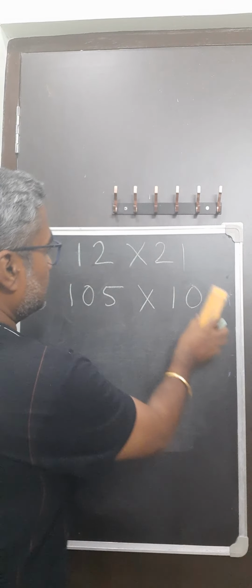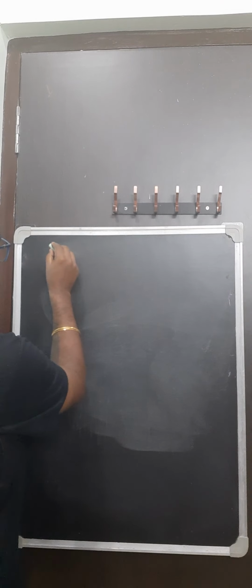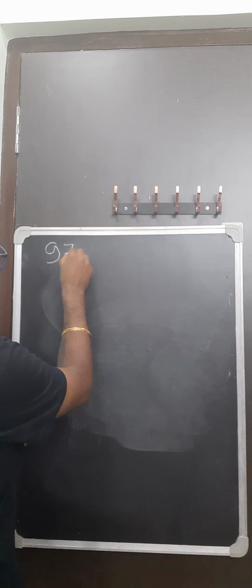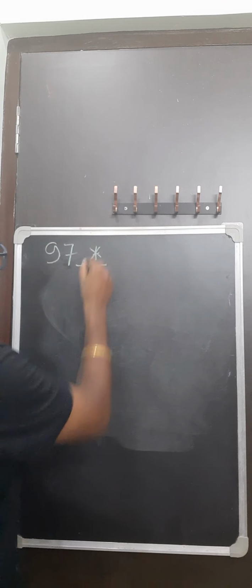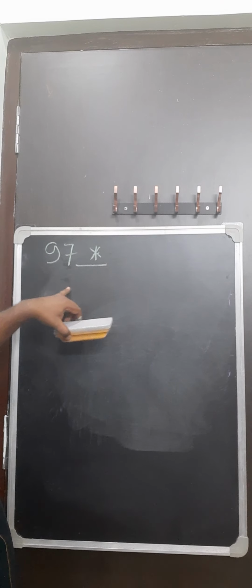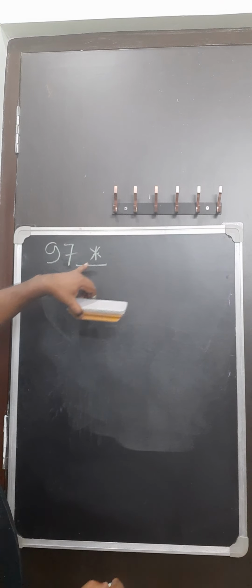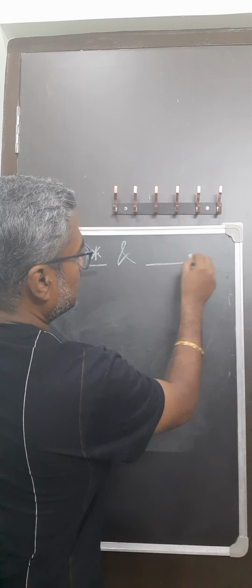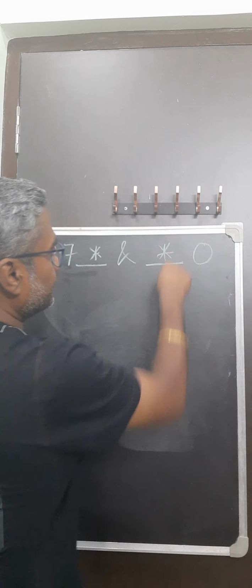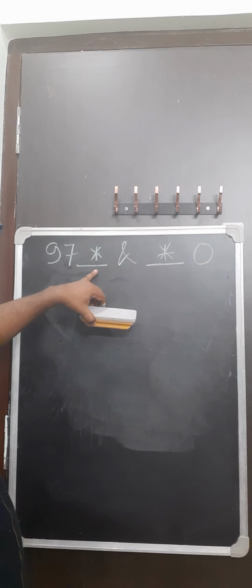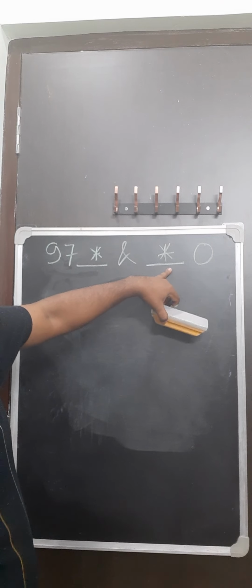Okay, so now I will come with a few more sums. The first sum that I will explain says there are two numbers. The first number consists of 3 digits, 9, 7, and the last digit is missing. The other one is a 2-digit number where the first digit is missing.